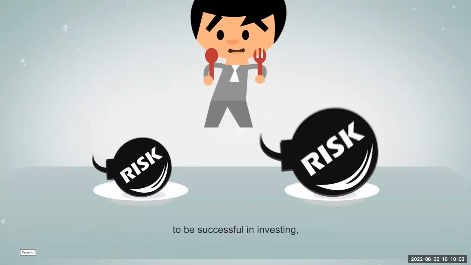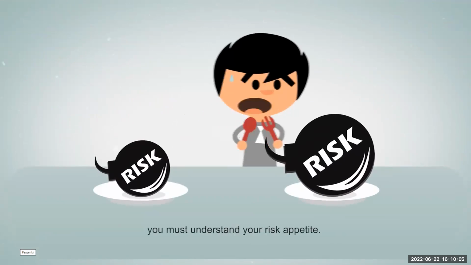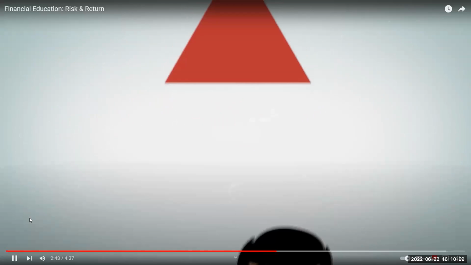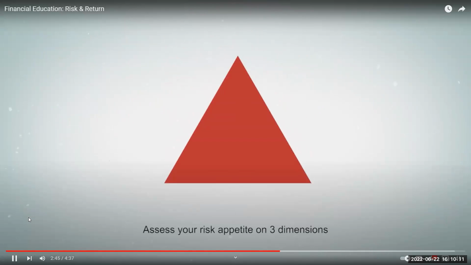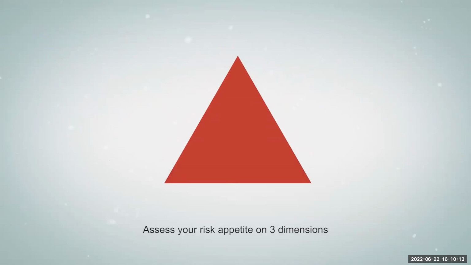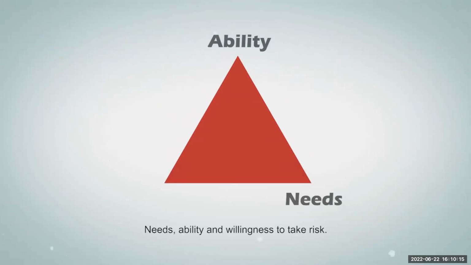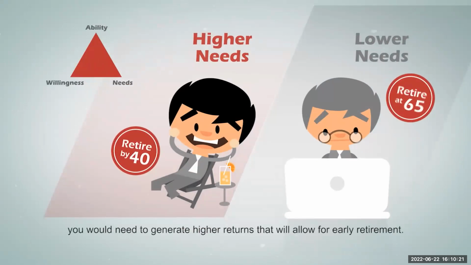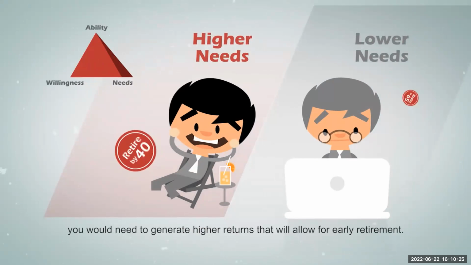Further, to be successful in investing, you must understand your risk appetite. Assess your risk appetite on 3 dimensions: needs, ability, and willingness to take risk. If you plan to retire by 40, you would need to generate higher returns that will allow for early retirement.